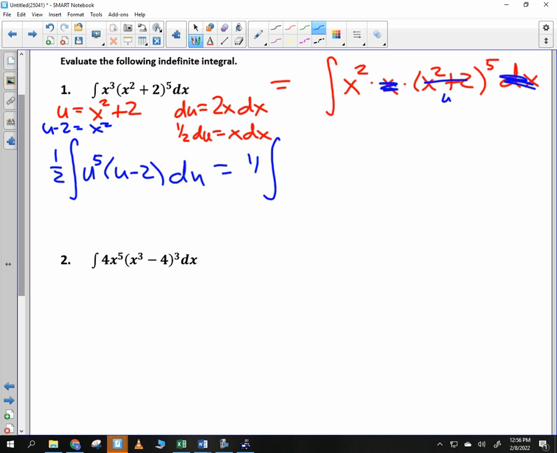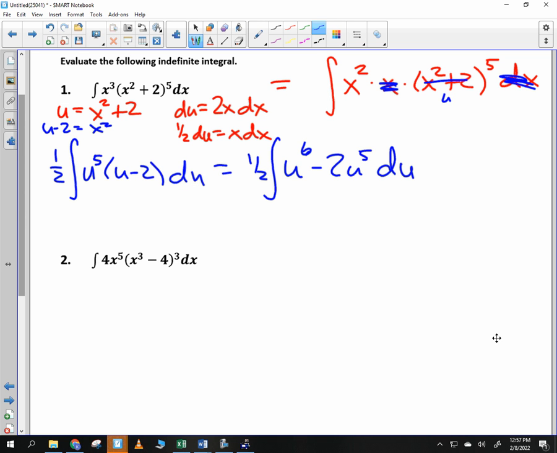So we have the 1/2 of the integral of u to the 6th minus 2u to the 5th du. No. I got to distribute this. I don't want to take this antiderivative right here. I need to write it as powers. Okay? All right. What's the antiderivative of u to the 6th? u to the 7th over 7.